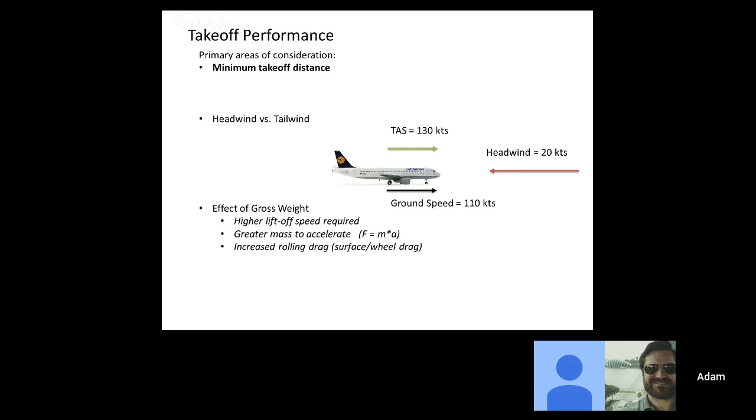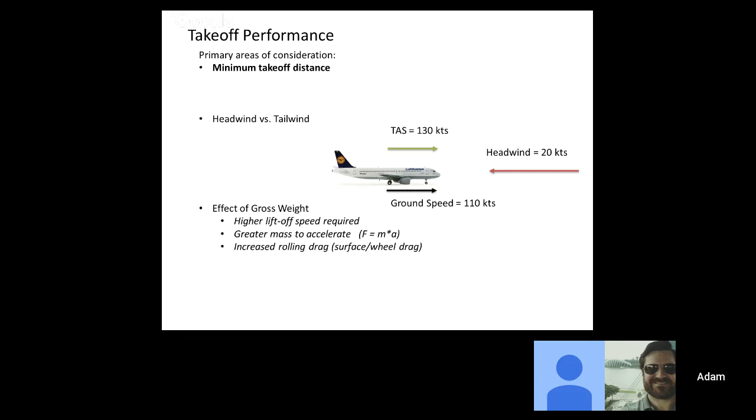Some of the aircraft, like we mentioned during the weight and balance session, have handbooks that are published with only max gross weight considerations, and then it's up to the pilot to determine that, that's the maximum operating limit for the aircraft. Some have charts that do take into account different weights, and we're going to look at that in a second.